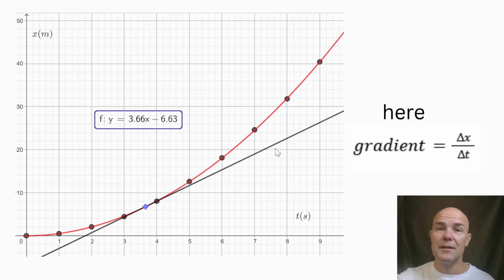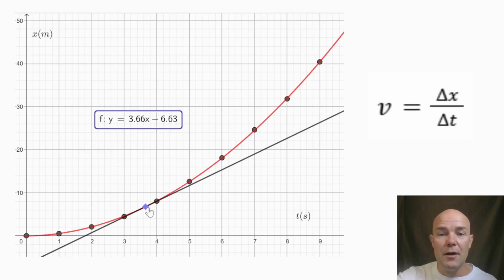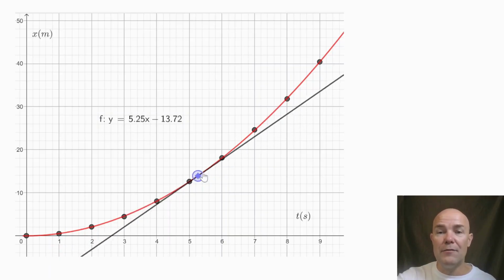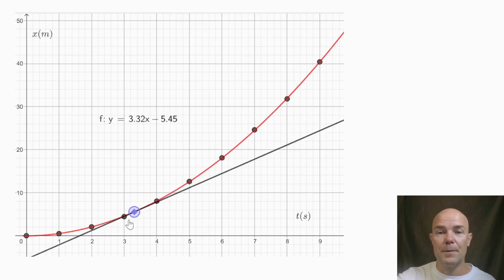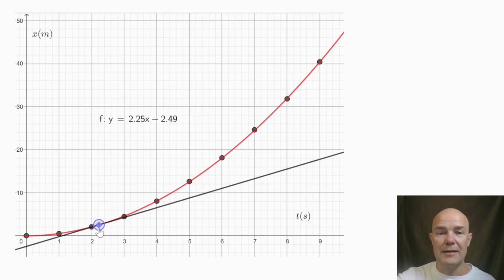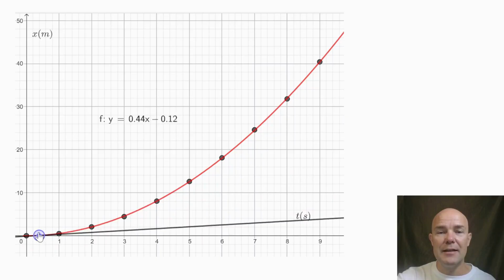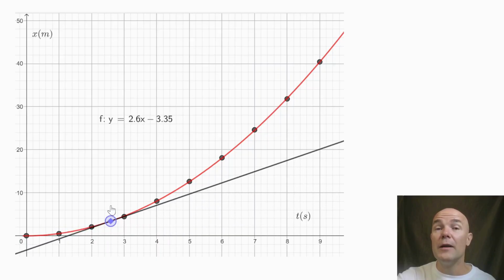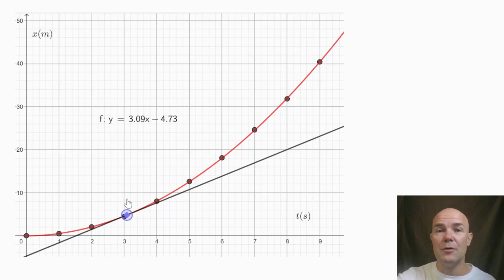And yes, that's velocity. So the gradient of this tangent line is giving me instantaneous velocity values wherever I move this point and also the tangent line. And we can actually see that if I start moving this point, this value for gradient here is increasing, which is of course the case when we have uniform acceleration motion.